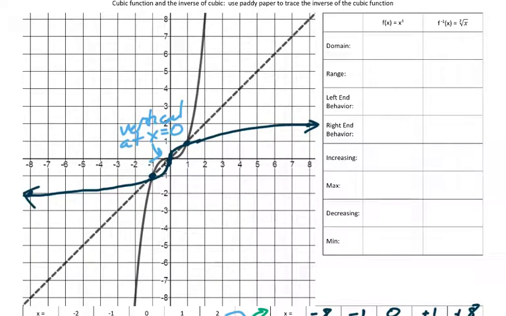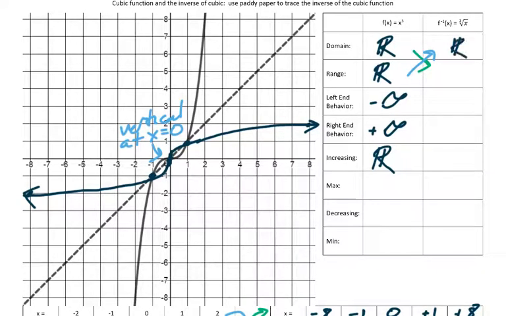Okay, looking again at domain and range. The domain is all reals. The range is all reals. The left-end behavior is negative infinity. The right-end behavior is positive infinity. It's increasing for all reals. There's no max, there's no decreasing, there's no min. For the cube root, notice, and this is kind of weird, if you're swapping the domain and range, because this is a special type of function called one-to-one, they just straight up swap.